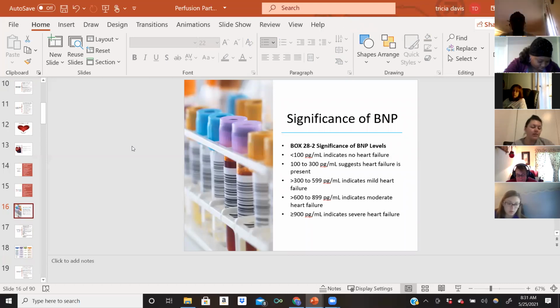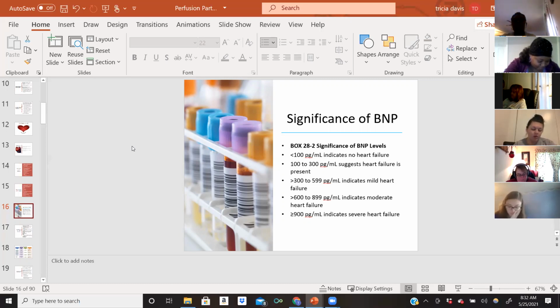All right, so one of the clinical indicators that we use is a lab called BNP. We will pull this in our patients if we think they have congestive heart failure. This is the lab values that you may see in the clinical setting. So less than 100 indicates no heart failure at all. 100 to 300 suggests that heart failure is present. 300 to 599 indicates mild. 600 to 899 indicates moderate.